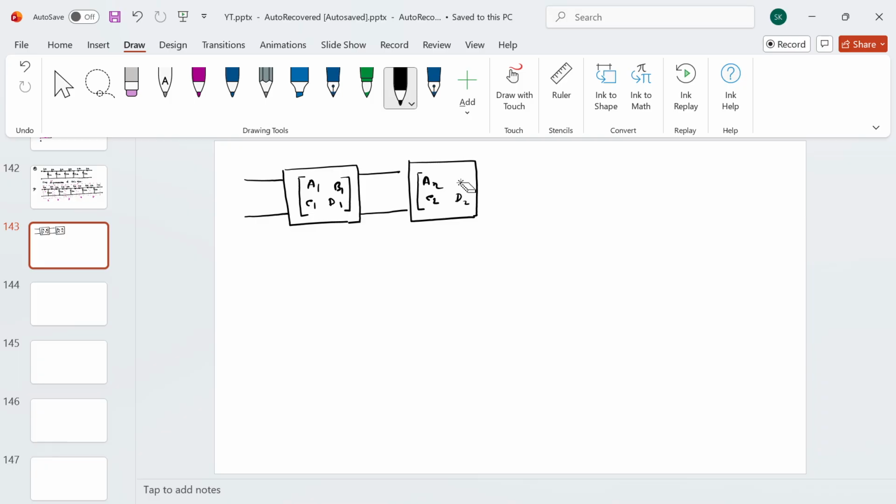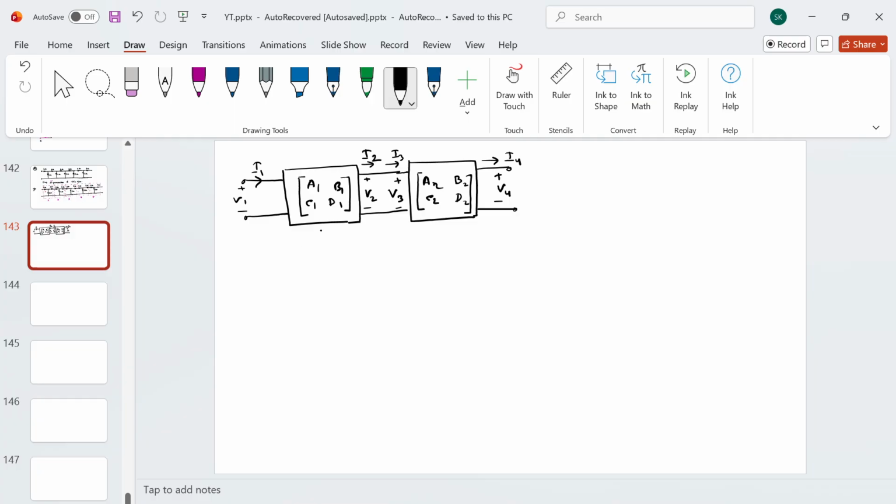So these two networks are connected in cascade. Let's say this is my V1, this is my I1, this is my V2, this is my I2, and this is again V3, I3, and this is V4, I4.